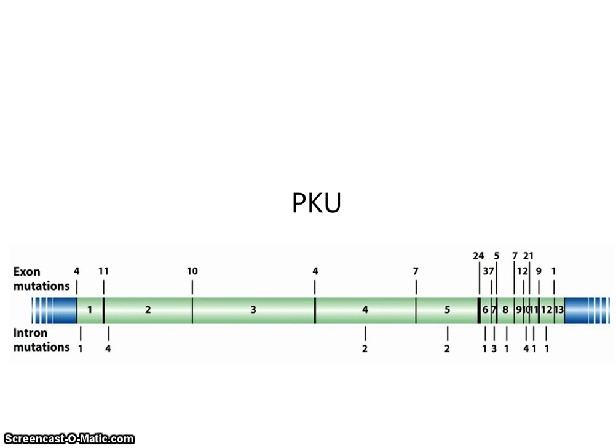And it is possible for an individual to inherit one loss of function mutation from one parent, say at this locus, or at this locus 10, and they could inherit a different loss of function mutation from dad.